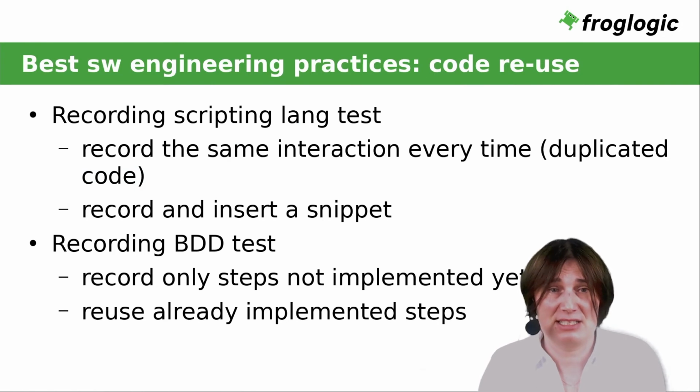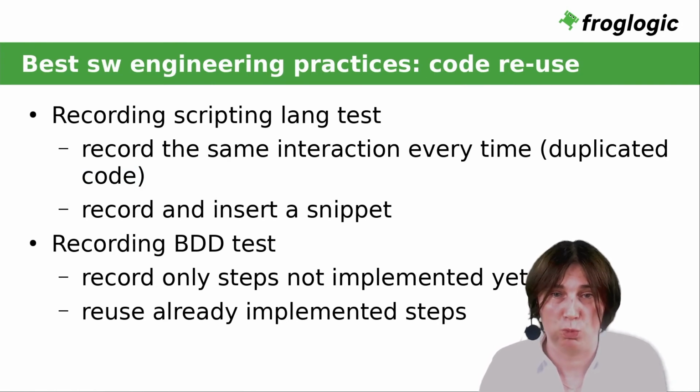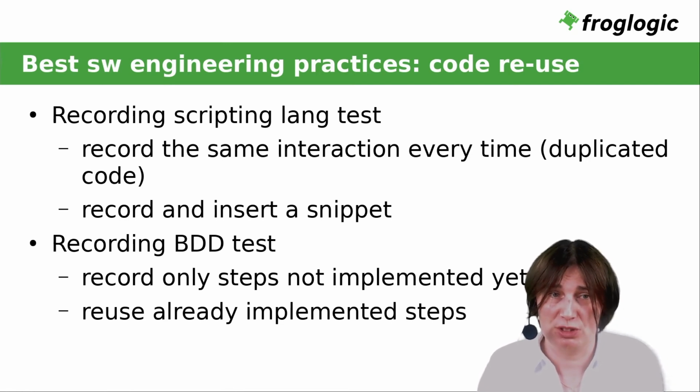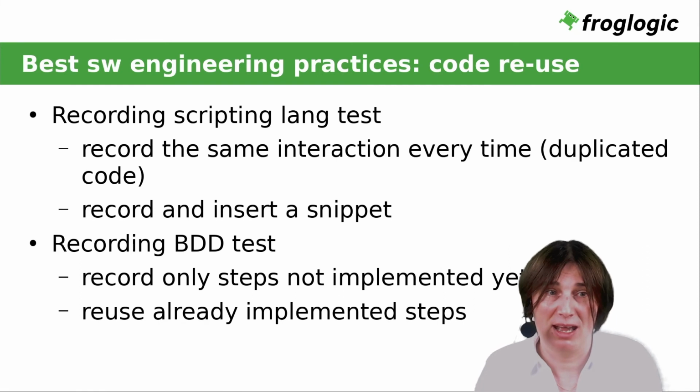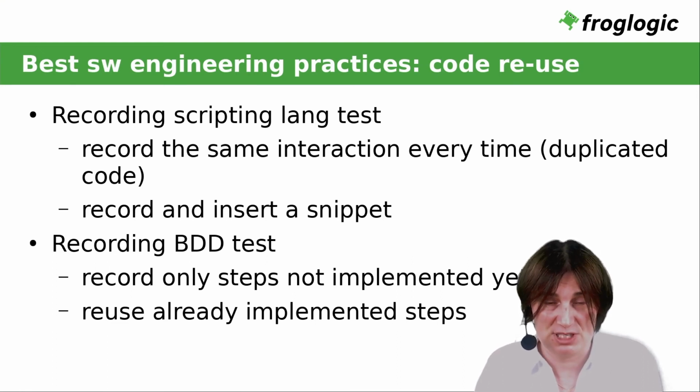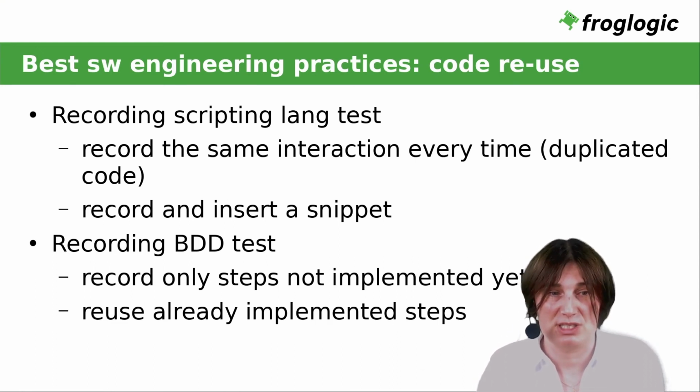With scripted test cases, this is more cumbersome, because if we want to implement a variation of the same scenario, we have to either record the interactions every time, which produces a lot of duplicate code and increases the technical debt, or we have to precisely specify the different interactions needed in the different scenario, and insert the recorded snippet.